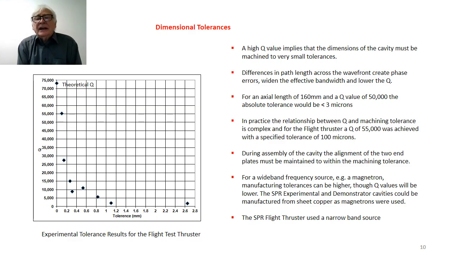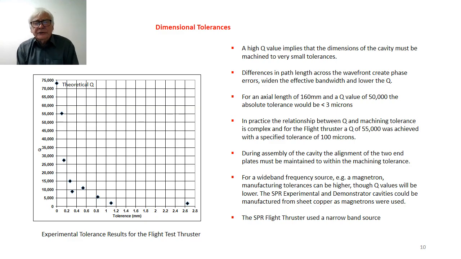This can only be actually utilized to Q values of a few tens of a thousand. I think we got about 35,000 for the best cavity we manufactured from sheet copper.